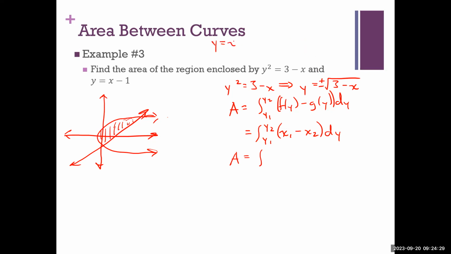But if we're going to integrate with respect to y, that means we have to isolate the x and put it in terms of y. So the integrand is going to be y plus 1 minus something else. So y squared equals 3 minus x. If we solve for x, 3 minus y squared equals x. Okay. x equals 3 minus y squared.